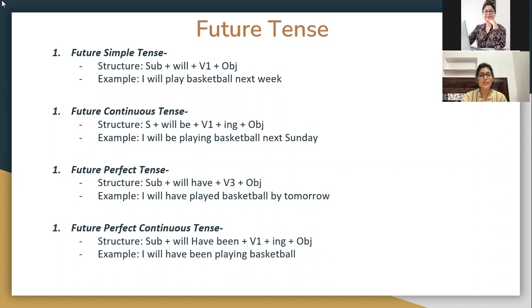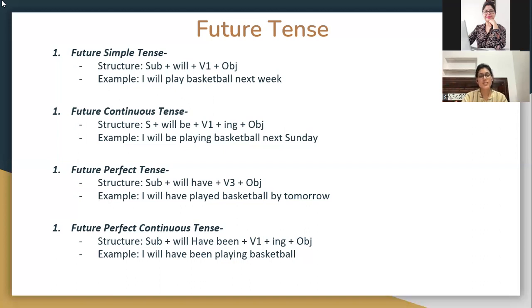We use the helping verb shall in future simple tense when we are not sure we will do the work. For example, I will play basketball next week means I play basketball in the future. I use shall in the example: I shall play basketball next week, when I am not sure I will play basketball next week.